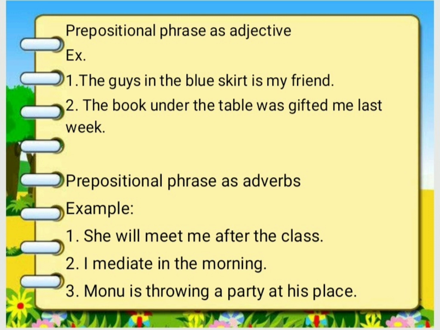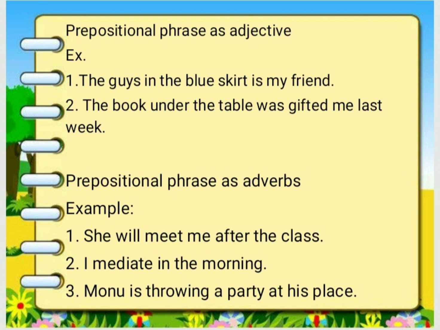So now, let's proceed to example number 3. Mono is throwing a party at his place. Now, i-identify na naman natin ang prepositional phrase dito. Ang prepositional phrase dito sa given example in number 3 is at his place.